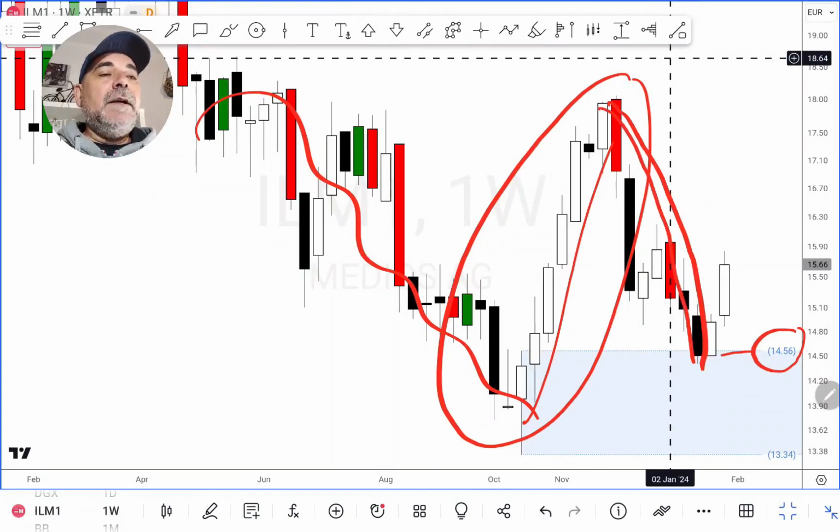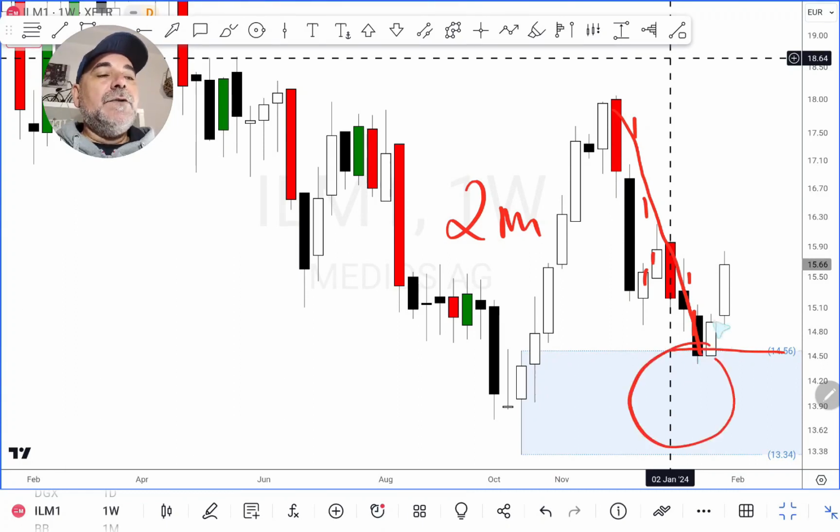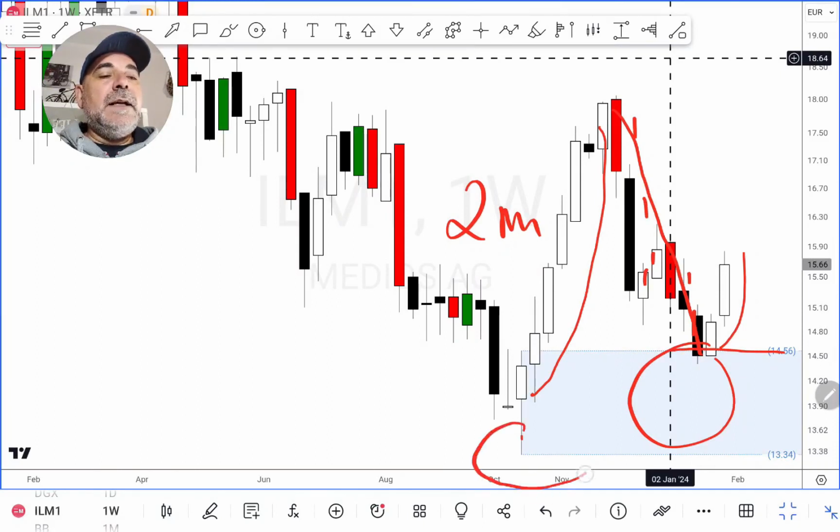Price dropped down there. It took about 8 weeks, 2 months more or less. And then right when the proximal line of this rectangle was reached, look at the strength of the impulse. It's trying to emulate what happened between October and November 2023.